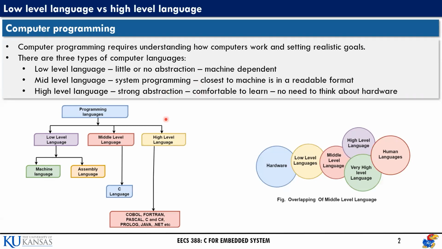So we know there are lots of computer programming languages nowadays. We can hear about, for example, C, C++, Java, Python, or Rust. But if we want to categorize those programming languages, they're basically divided into three categories in terms of abstraction level.